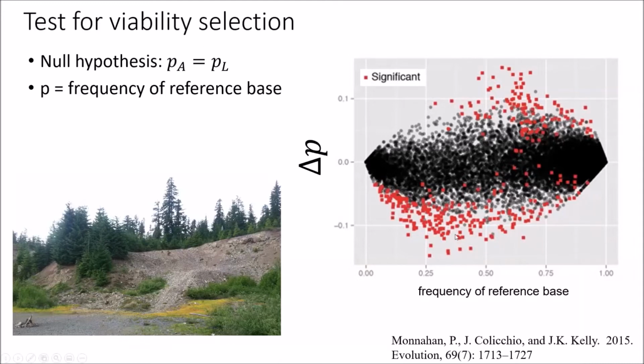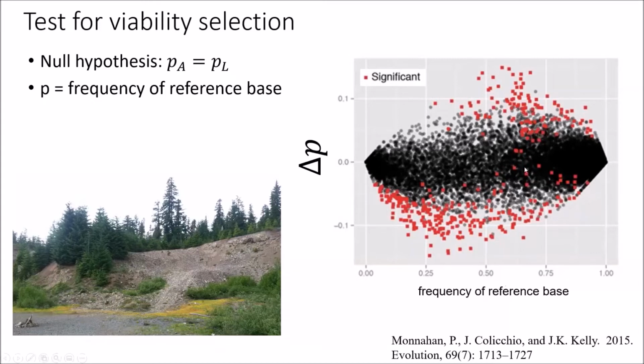Here's an actual depiction of the results for one particular field season in the Quarry population. What you can look at is delta P, estimated directly from the genotyping, the predicted change in allele frequency due to viability selection. And that's being plotted for about 18,000 SNPs in this study as a function of the zygotic allele frequency on the x-axis. This is to ground you in the kind of data we have here.